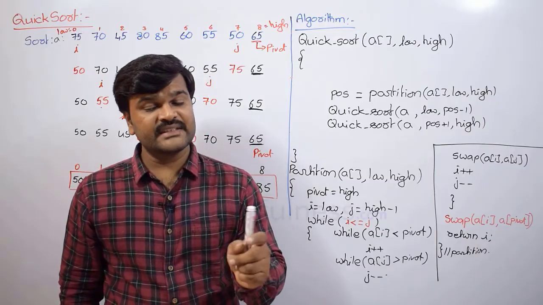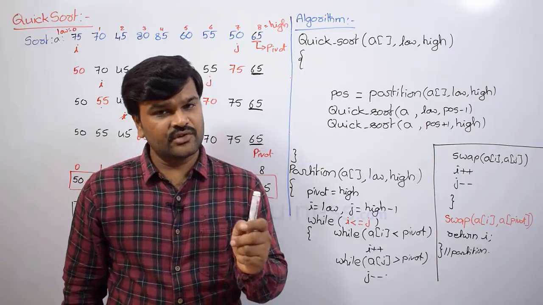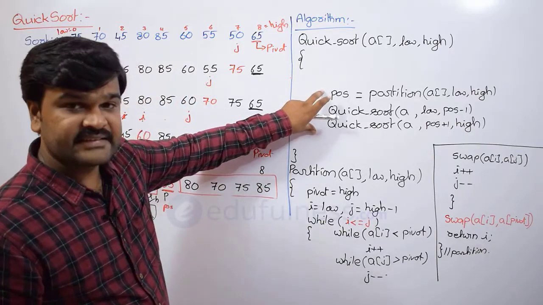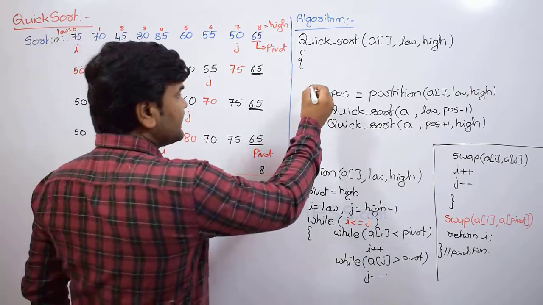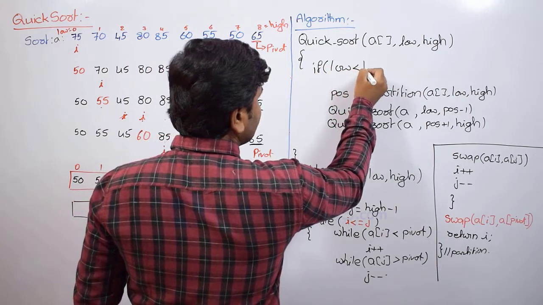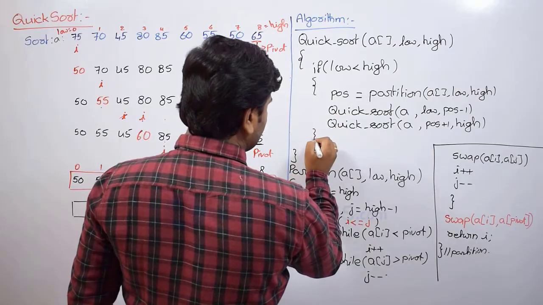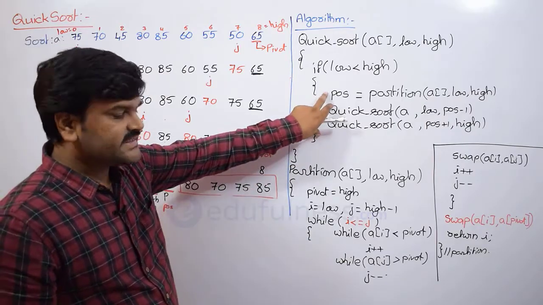Whenever low is greater than high, you do not have any elements, so you need not do anything. So you do these 3 lines only whenever low is less than high. I am going to put a condition: if low is less than high, then only I will go inside. Otherwise, you need not do anything, right?